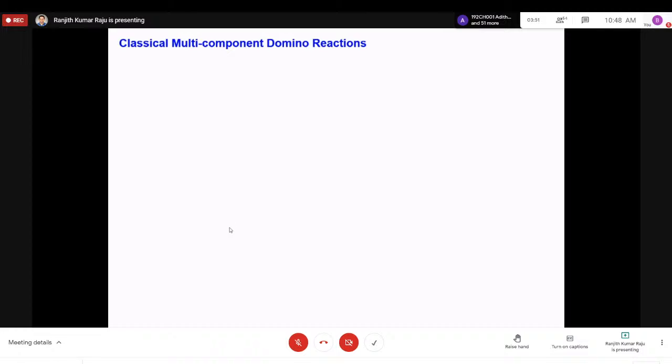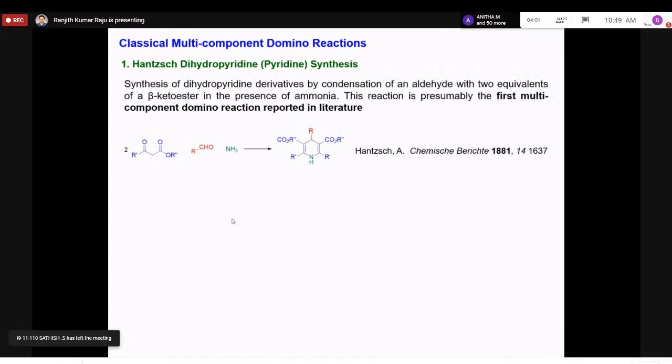multi-component domino reactions. So the first and the basic reaction is the Hantzsch pyridine synthesis or dihydropyridine synthesis. Here it involves a kind of pseudo four-component reaction: 2 moles of beta keto ester, an aldehyde, and then an amine, in this case ammonia, and you get dihydropyridine.